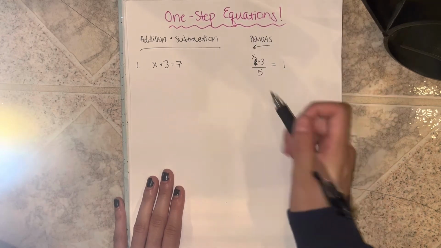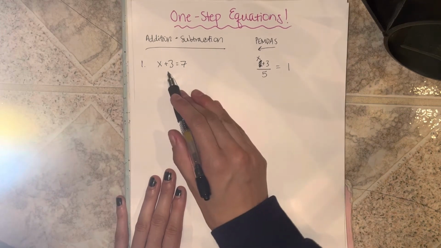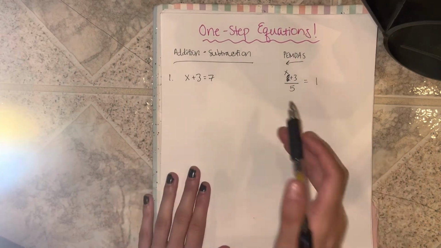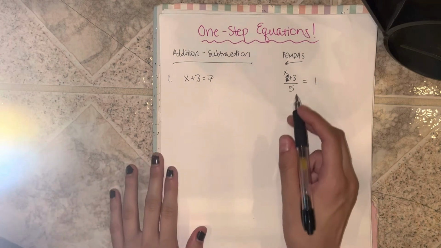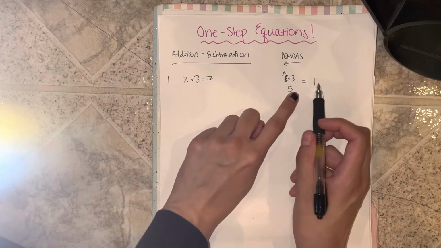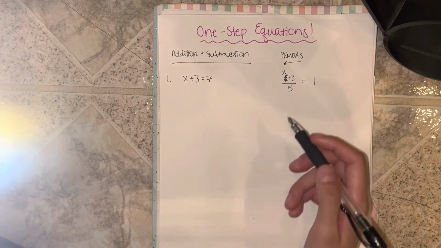Let's say this is our x. So we have to work backwards to figure out what x is. And that's what we're doing here when we solve for x. So we're just working backwards to find out what that missing number is. So that's why we have to do the opposite operation, because if you're working backwards here, you would multiply by 5, then subtract 3, and then boom, you'd get that number.